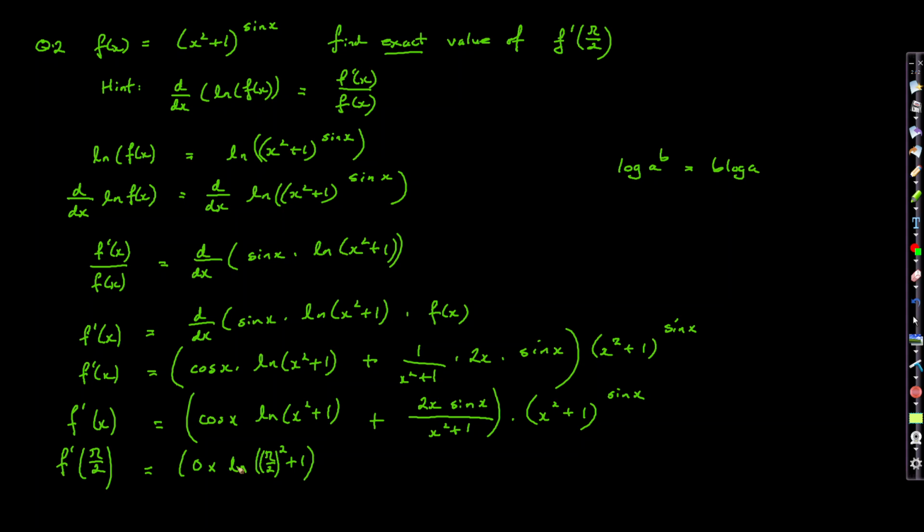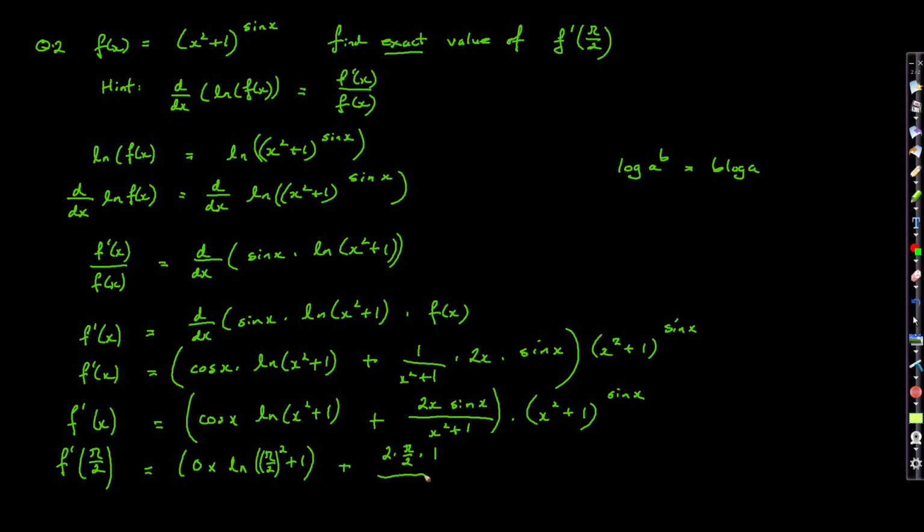So this part here is going to be 0 plus 2 times pi over 2 times the sine of pi over 2, and that's going to be 1. In fact, let's just put that 1 in there. So the sine of pi over 2 is 1.